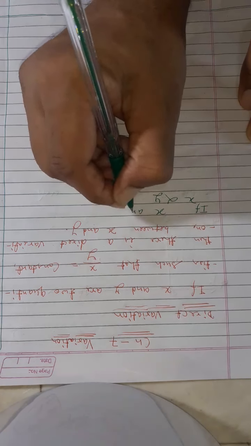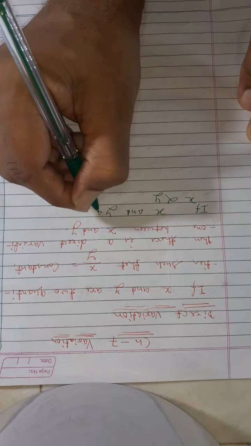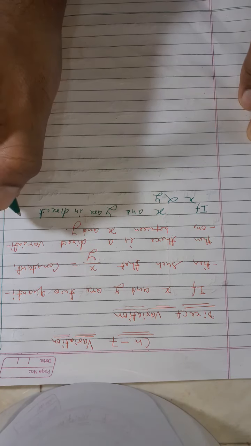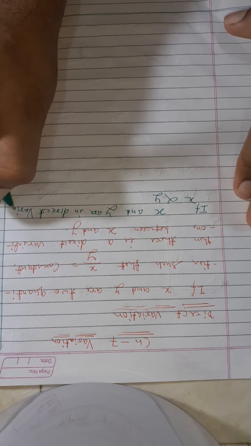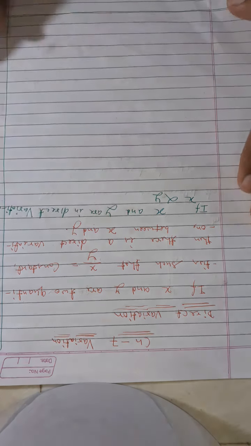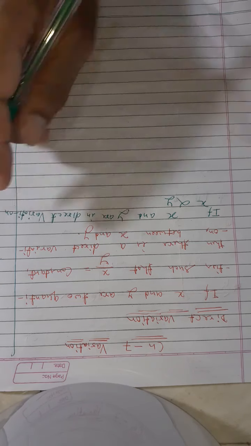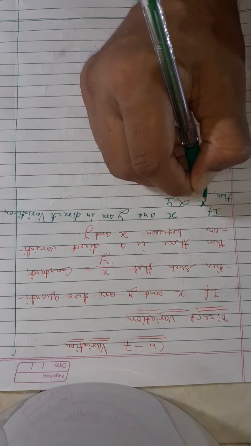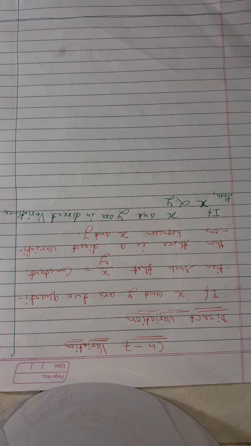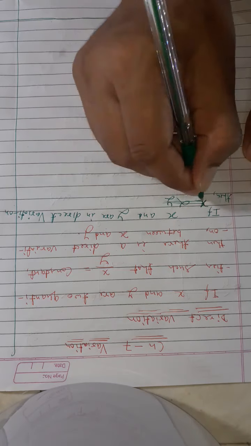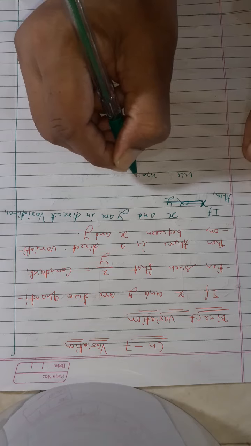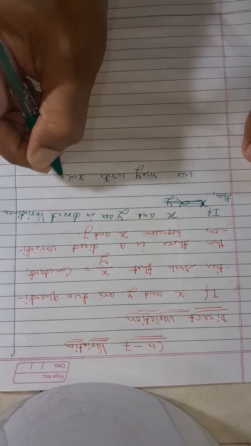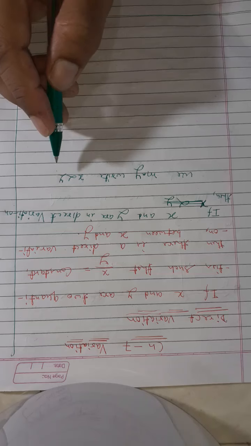If x and y are in direct variation, then we may write x proportional to y.